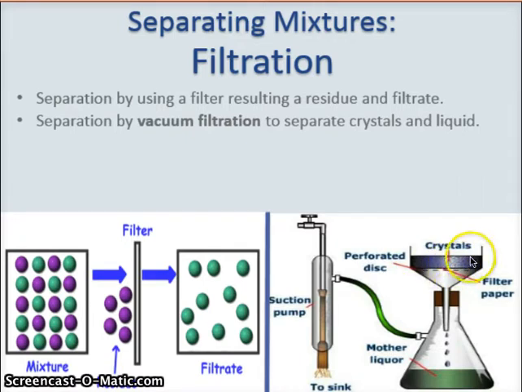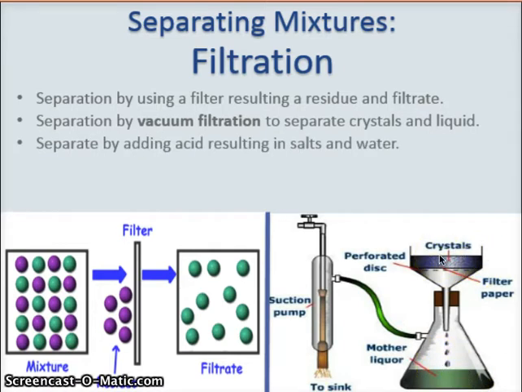The solid gets stuck, and then the rest of the liquid is sucked up by a vacuum. It sucks up air and it causes the crystals to dry, and the liquid forms here at the bottom. So this would be the filtrate, and this would be the residue, which would be the crystals.